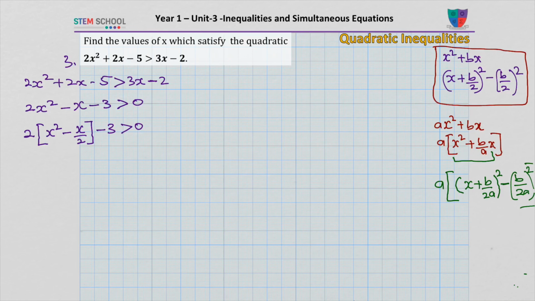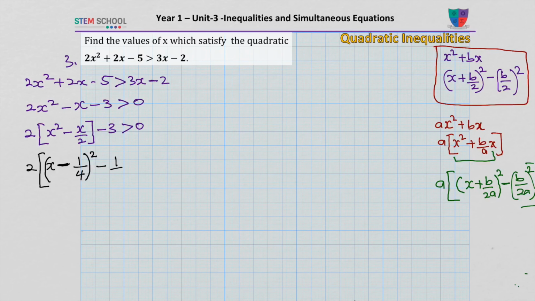So now I'm going to do completing the square on this. I've got my 2 square bracket, x minus 1 over 2, but then you halve 1 over 2, so you get 1 over 4. Close the bracket, square it, take away the square of 1 over 4, that's 1 over 16. Now close the square bracket, bring down minus 3 is greater than 0.